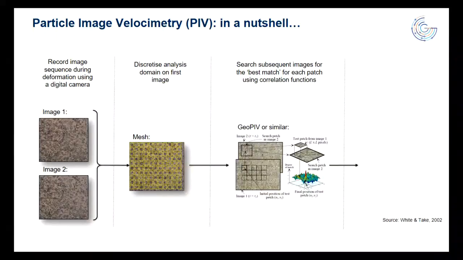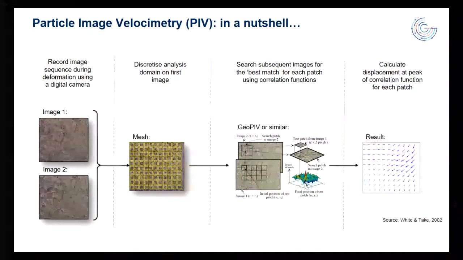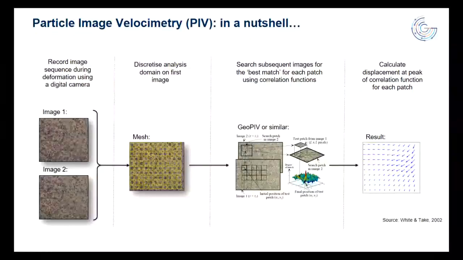And we use a cross-correlation function in order to interpret what the displacements are to the nearest integer pixels. Once we've got the displacements to the nearest integer pixels, we might also do some sub-pixel refinement of the displacements. And at the end, what we end up with is an array of vectorial displacements.